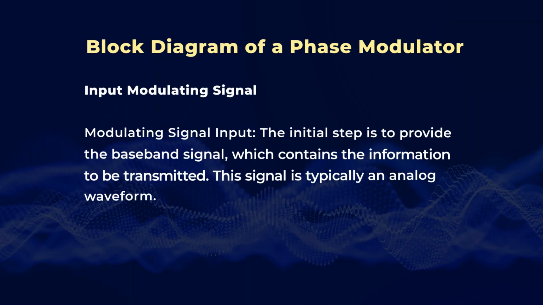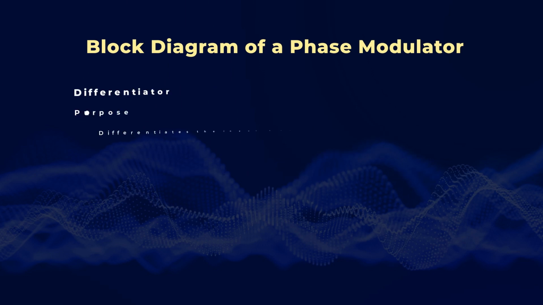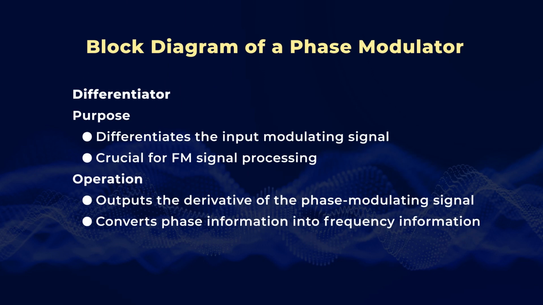First, the input modulating signal. The initial step is to provide the baseband signal, which contains the information to be transmitted. This signal is typically an analog waveform. The second is the differentiator. A differentiator circuit is used to differentiate the input modulating signal.